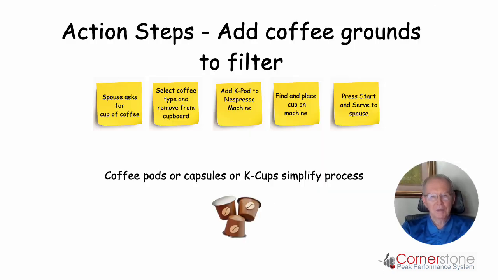What actually happened here is that the spouse asks for coffee, the barista selects a K-pod or a capsule or a coffee pod, those are other names for it. So they select the K-pod, they put it in the machine, press a button, and it drips coffee into a cup, which is then served to the spouse.